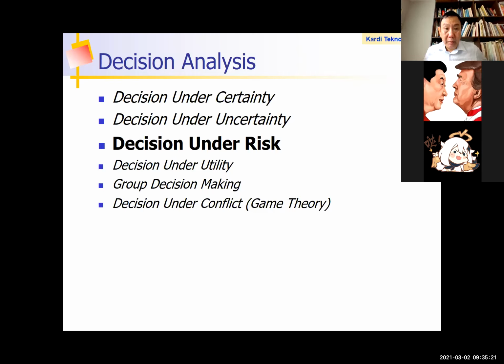So then we discussed decision under uncertainty. These are the whole topics in decision analysis. Today we discuss decision under risk. Next, we discuss decision under utility, and then group decision making. And later on, we discuss game theory, which is decision under conflict.